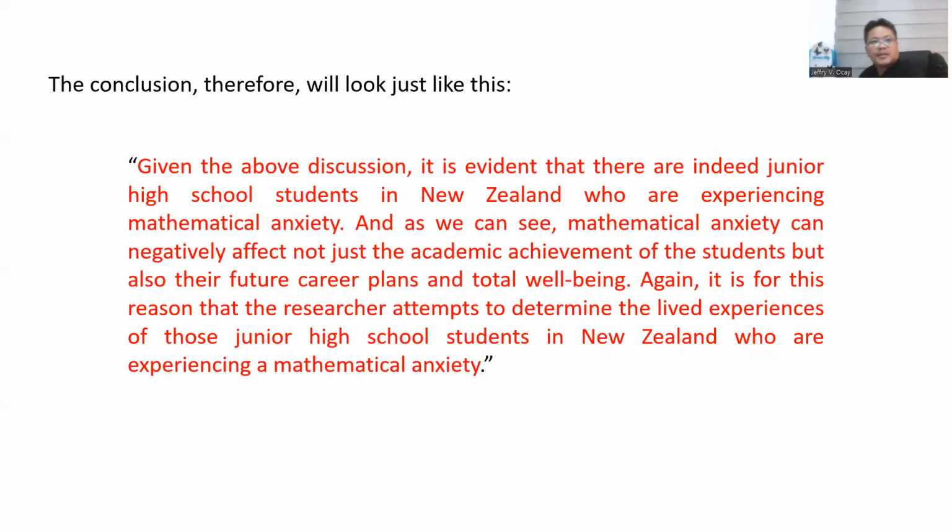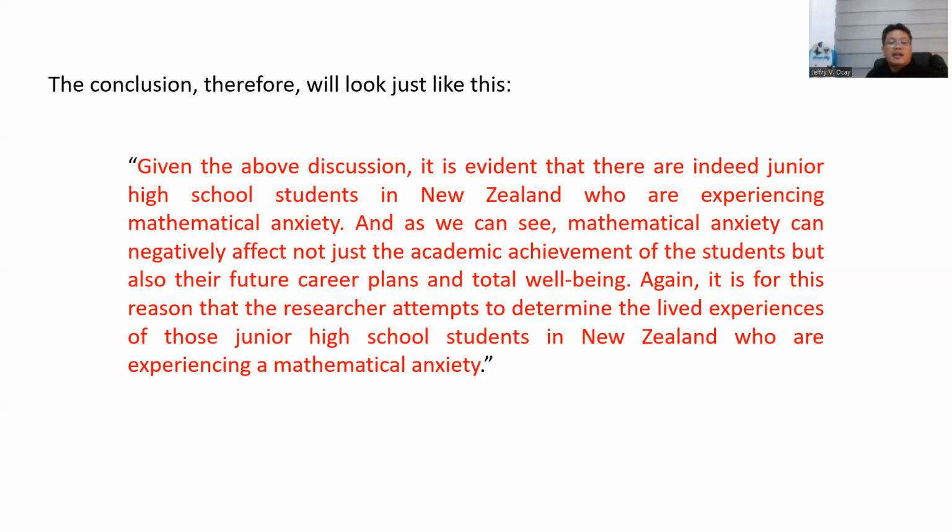Okay? The conclusion, therefore, will look just like this. We can have just one paragraph for the conclusion, and it reads, for example, this is just an example: Given the above discussion, it is evident that there are indeed junior high school students in New Zealand who are experiencing mathematical anxiety.